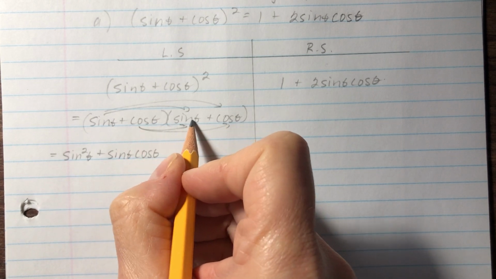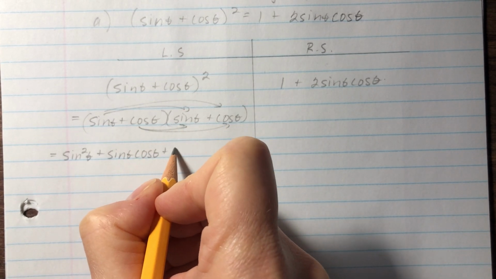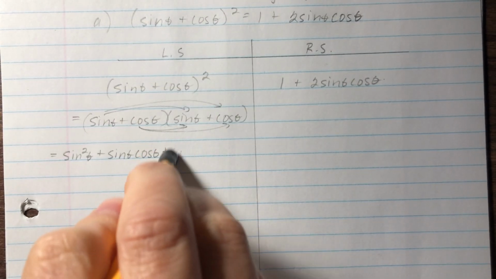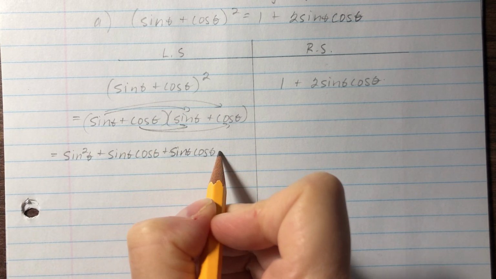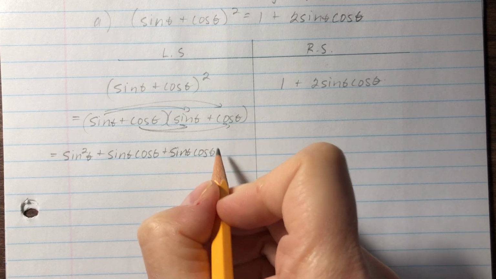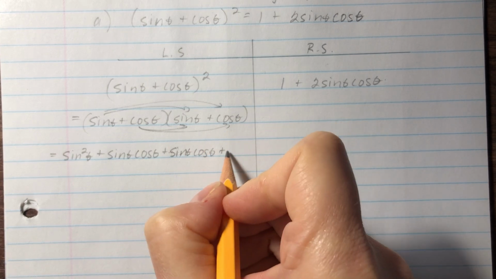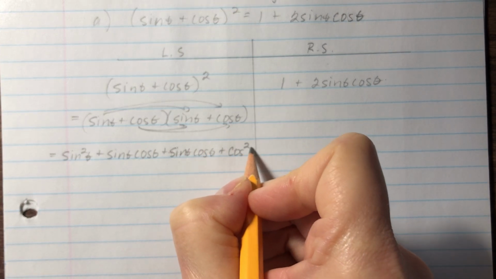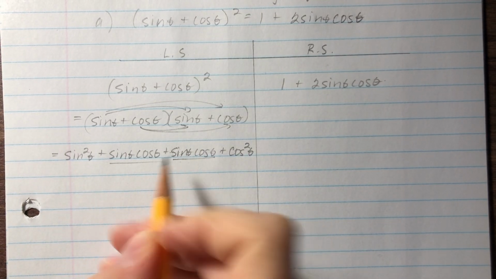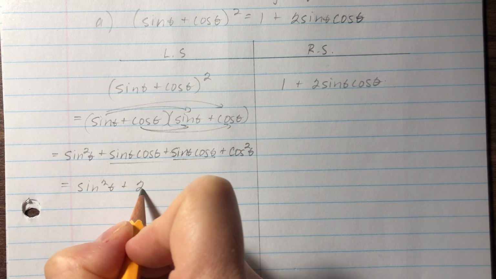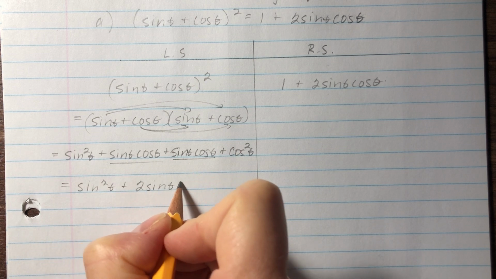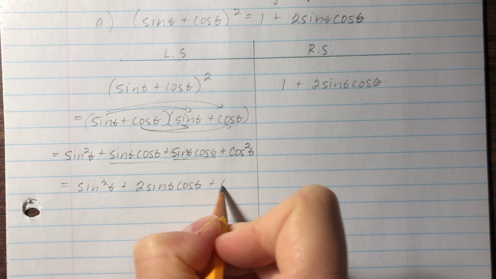And then multiplying cos theta by sine theta gives you sine theta times cos theta. And then multiplying cos theta by cos theta gives us cos squared theta. Now combining the two middle terms, we get sine squared theta plus 2 sine theta cos theta plus cos squared theta.